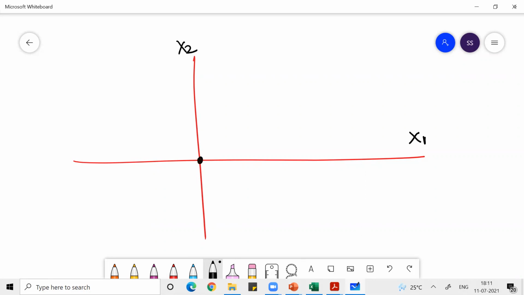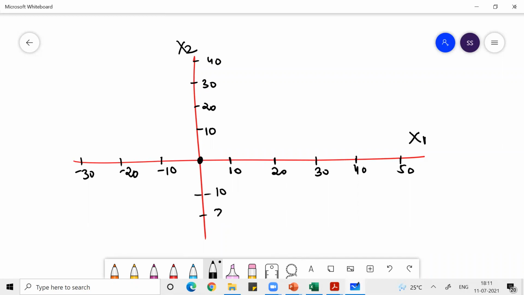So this is 0, 0. This is 10, 20, 30, 40, 50, and minus 10, minus 20, minus 30, and similarly on the other side.